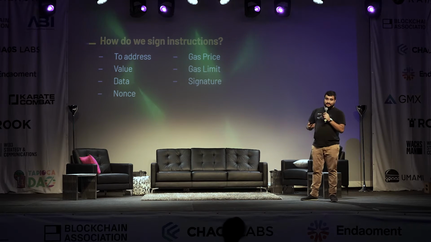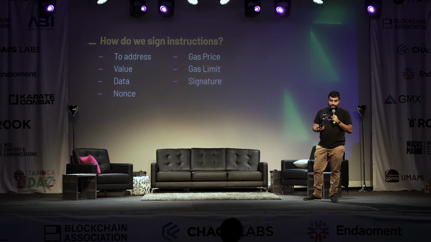The data is like the letter you put inside the envelope, so what do you want to pass on to it? If it's sending to a smart contract, you'd send your function call. If it was to a DEX contract, you'd say, I want to trade token A for token B.